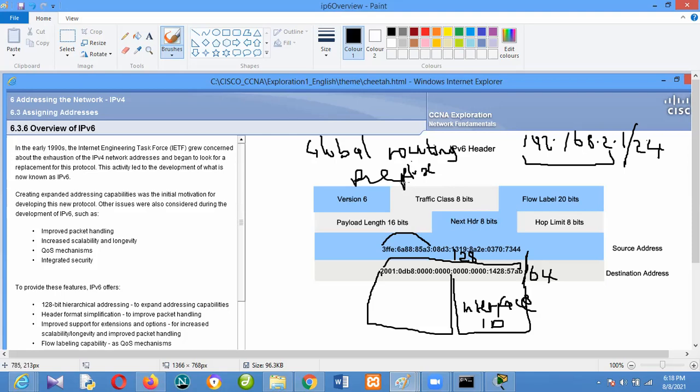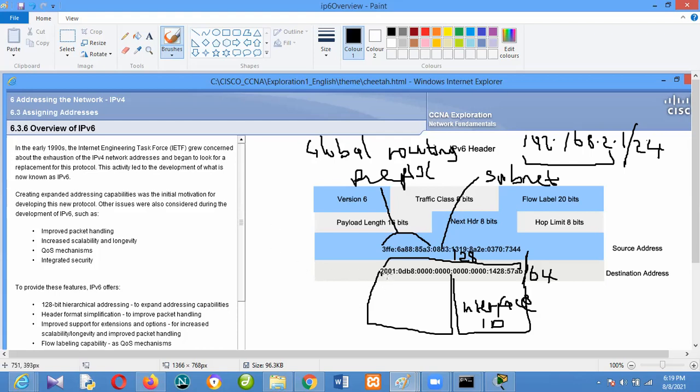That's the first three groups. After that, the remaining group is the subnet. I'll explain this one later. That's the subnet.